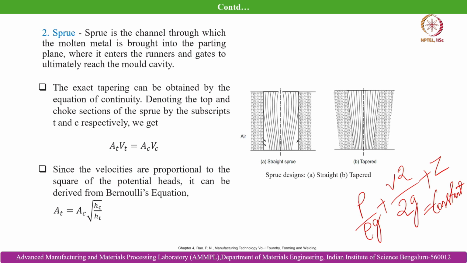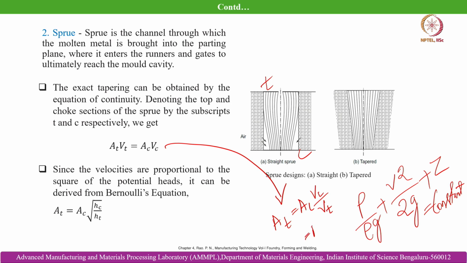Here this is the top section T, this is the choke section C, and so A_T V_T is equal to A_C V_C based on the continuity equation. Since the velocities are proportional to the square root of the potential heads, it can be derived from Bernoulli's equation that A_T is equal to A_C V_C by V_T.